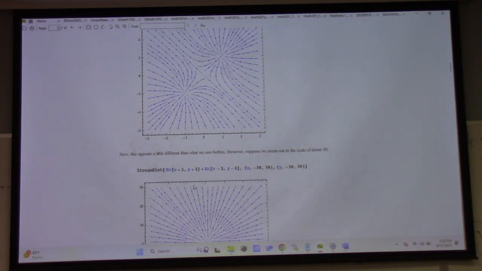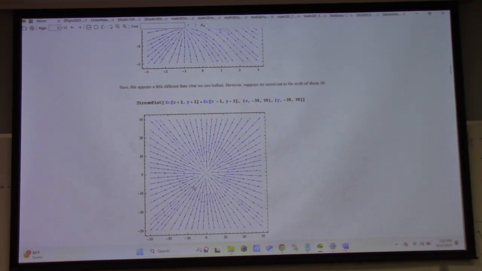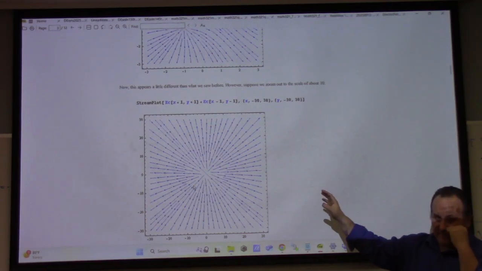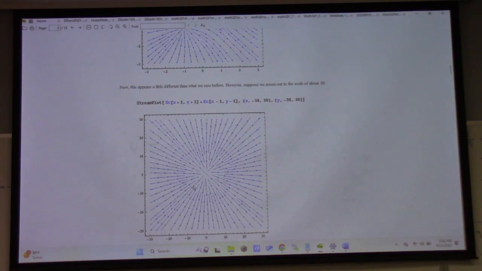That picture is at a scale of plus or minus 3. Here's the same charge distribution at a scale of plus or minus 30. What does it look like? One charge, right? That is the fact that this charge distribution is dominated by the monopole field, because it has a net charge that's positive.